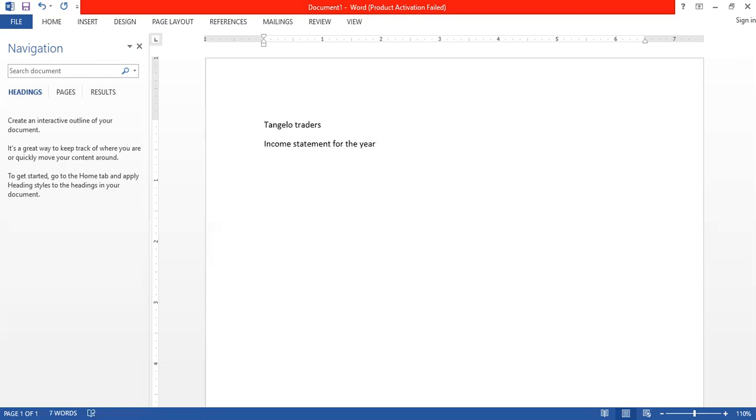Usually when you draw up an income statement, it's for the year ended. So the phrase for the year ended is very important. Here you're told that the last day of the financial period was the 31st March 2012. So it will be income statement for the year ended 31 March 2012. Understand?